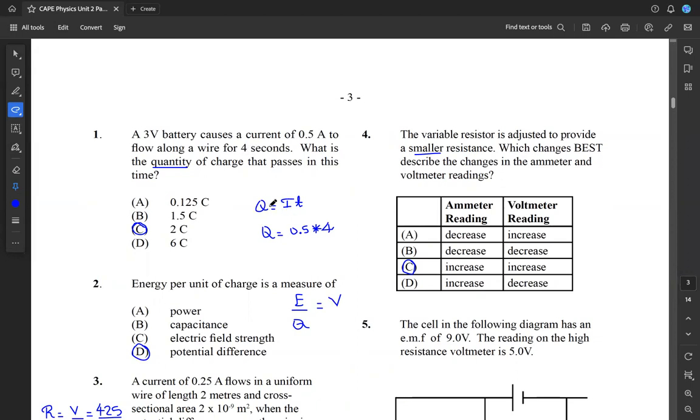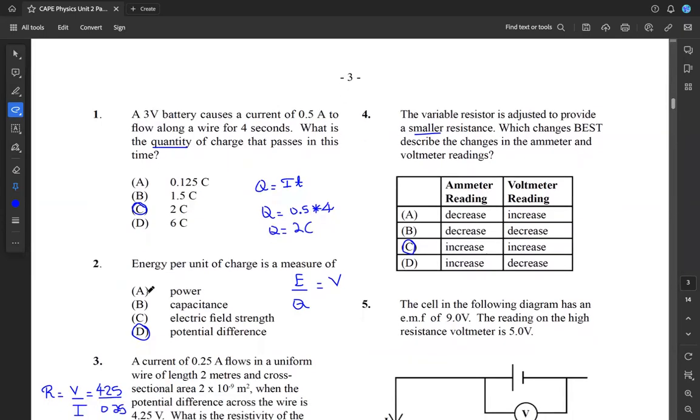So Q is equal to I times T is the formula that we should draw for immediately. We're working with a quantity of charge and we have time and current, so we can use this formula. And when we do that, we come out with Q is equal to 0.5 times 4, which is just 2, and the unit is coulomb.